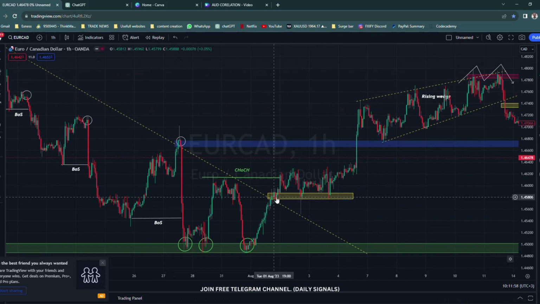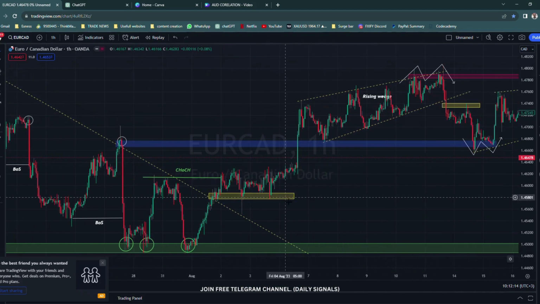Try to follow and see on your own, but this always creates a support where the price breaks the trend. Now you can see how that support works, and it starts pushing to the upward side. This is a break and retest of a trend line. Now we can see how price pushes, and that was an opportunity to enter a buy position at these supports, one, two, three, buy position to the upward side.